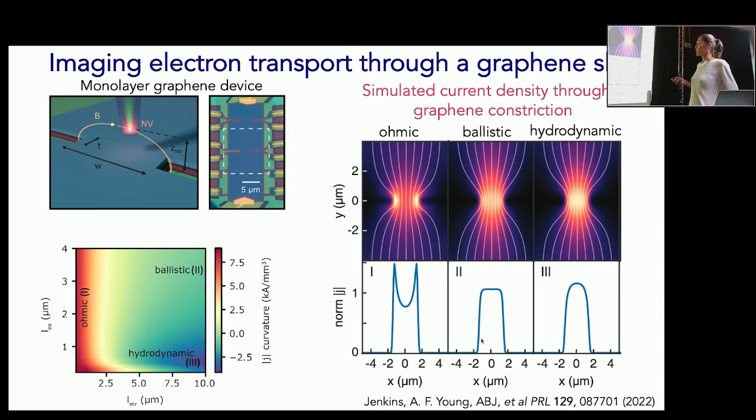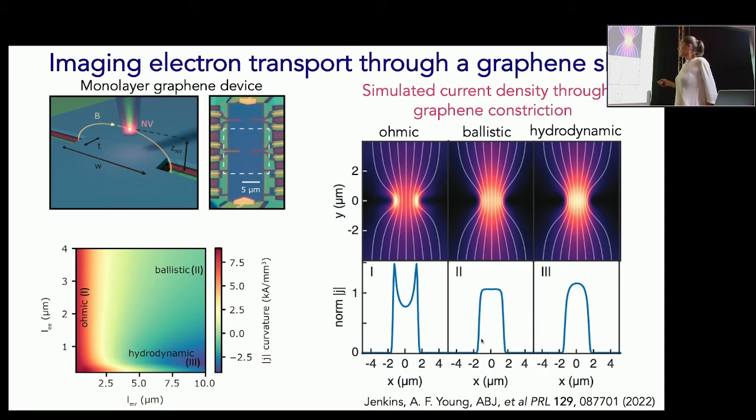So in the ohmic regime, what's plotted in the color scale is the current density flowing through the device. You can see that the current density is kind of peaked near the edges of the slit. Here's a 1D line cut taken across the slit that shows that the current density has these sharp ears. We call these ohmic ears at the edges of the slit. And one can think of this a little bit as a lightning rod effect.